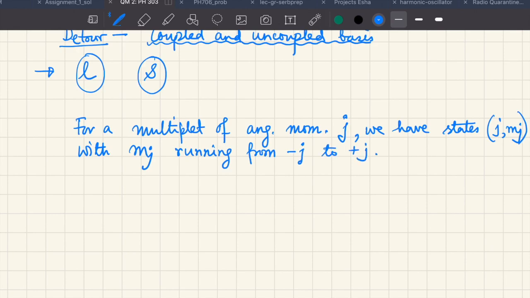That's what you all know. And this running from minus j to plus j happens in integer steps.